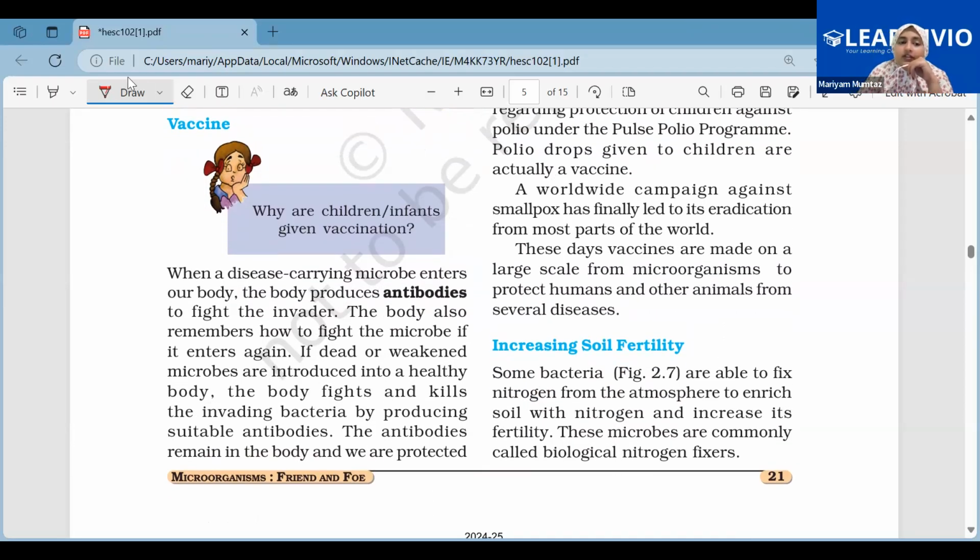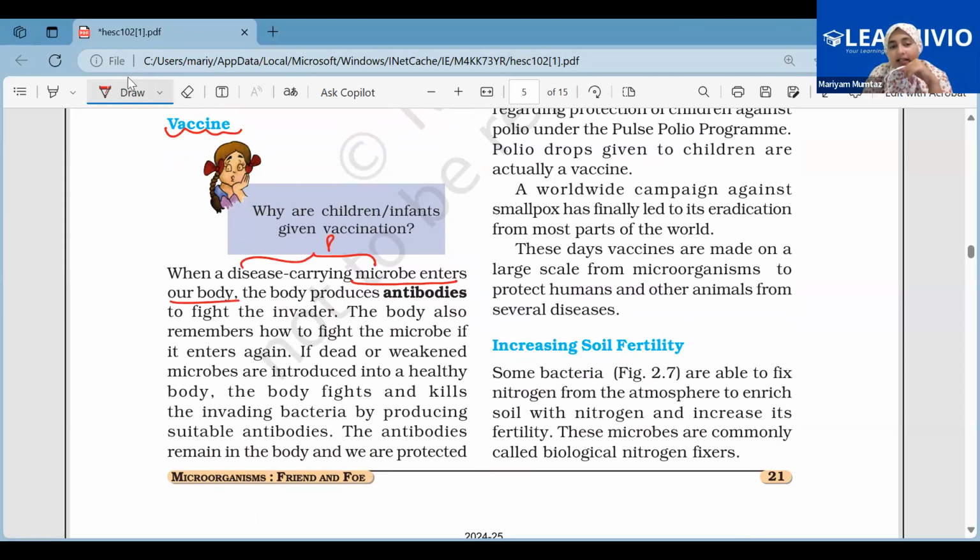All right, so we were talking about vaccines. Now, vaccines are like ready-made fighters, like ready-made antibodies. Whenever a disease-carrying microbe, which can also be called a pathogen, enters our body, the body produces antibodies so that our body can fight the foreign invader.